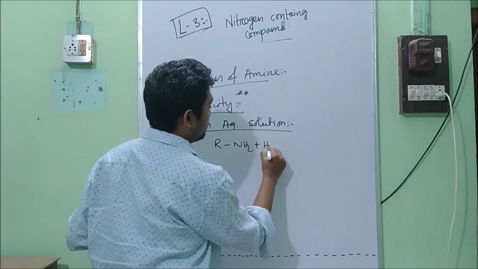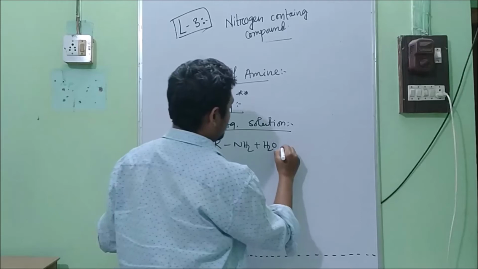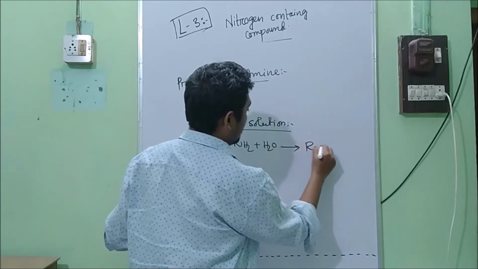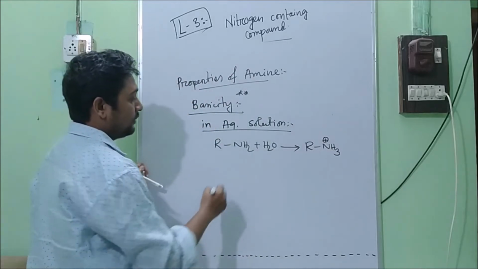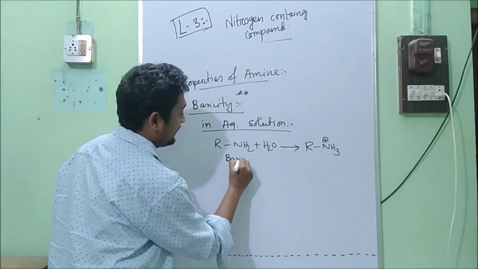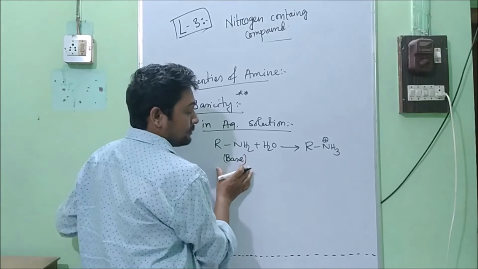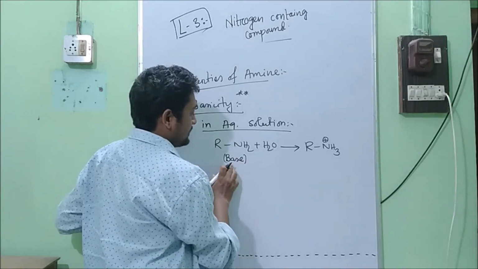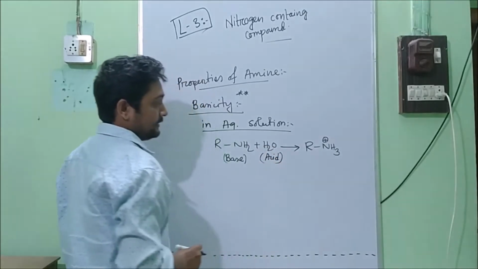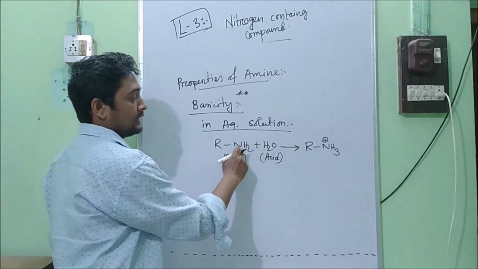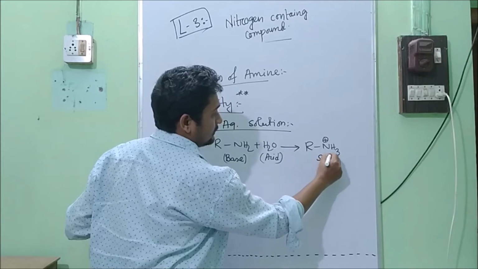If you dissolve it in water, it will convert into RNH3 positive, because it is a base, and in the presence of this base, the water will act as an acid, so it will take H plus from water molecules and convert into a salt.